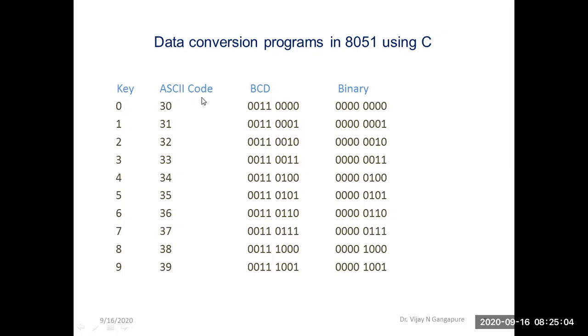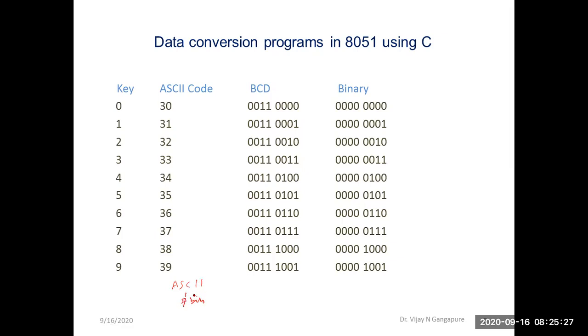Another type of code, developed by IBM, is EBCDIC. ASCII is one standard, and it is 7 bits.